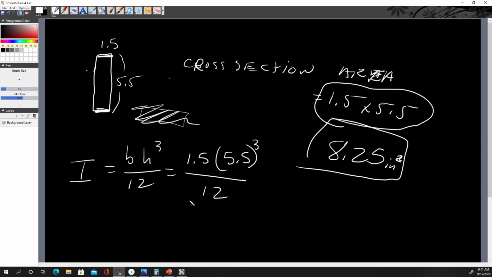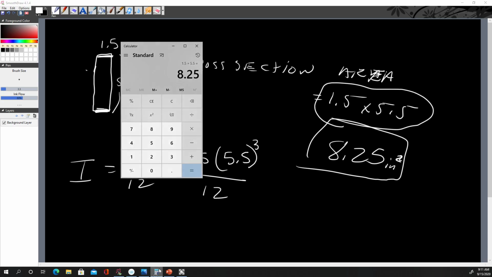by 12 every time. So let's take this, first we've got to always cube that first. So let's bring out the old calculator, and there's 2 ways to do this. You can go 5.5 times 5.5 times 5.5, and we get 166,375.